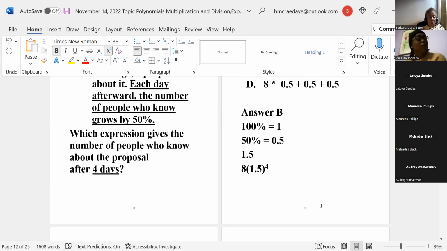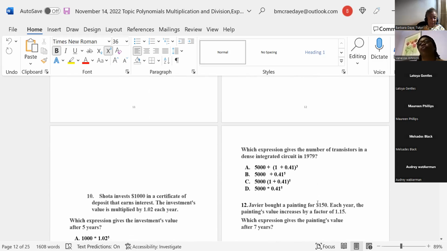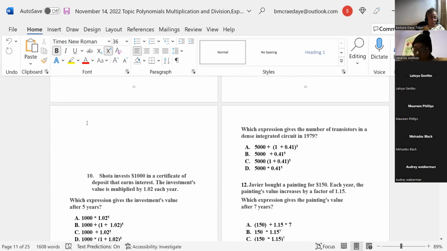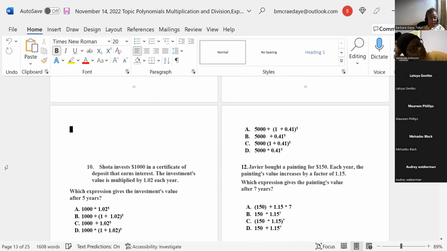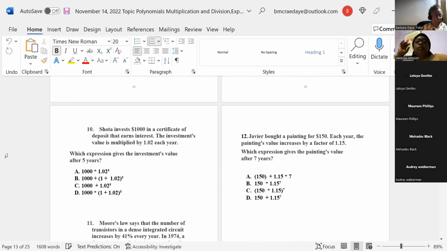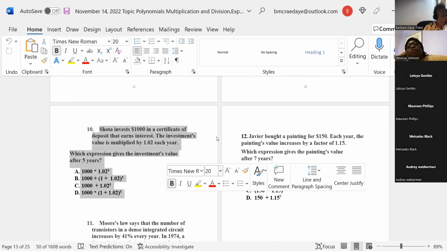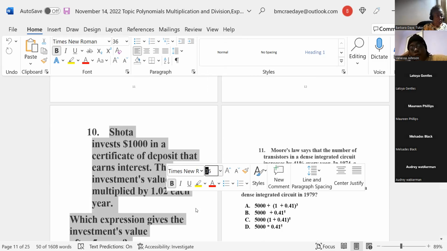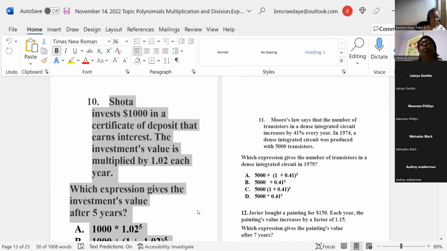Now, knowing that, I have another one here, and I think you'll be able to figure this one out based on what we just did. So let's do number 10. Shota invests 1,000 in a CD that earns interest.